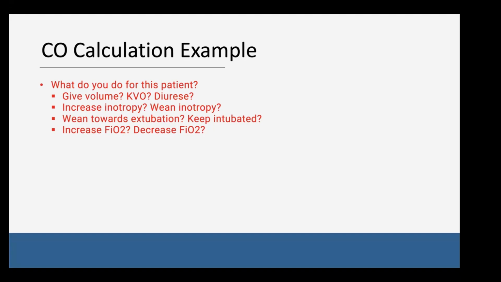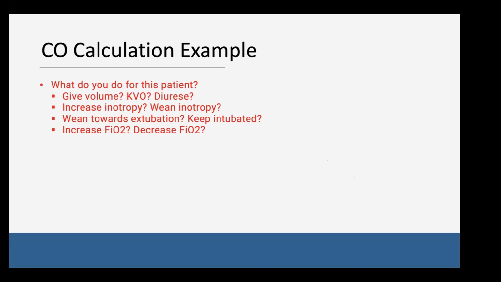Would you give volume? Would you stop giving volume? Would you diurese? Would you increase the inotropy? Would you wean the inotropy, add on a vasopressor? Would you wean towards extubation? Would you keep intubated or mess with the FiO2? I just presented some ideas, but what are some things that you guys might do, or maybe nothing at all?